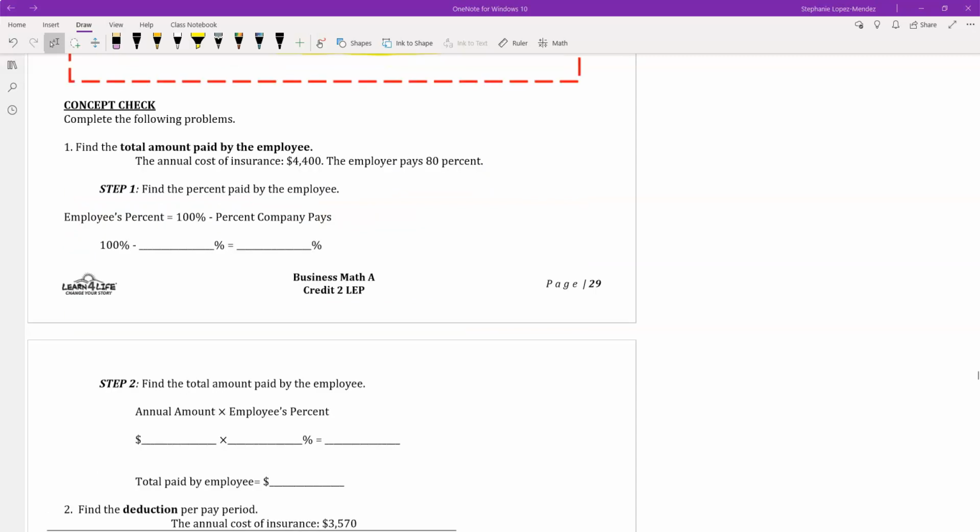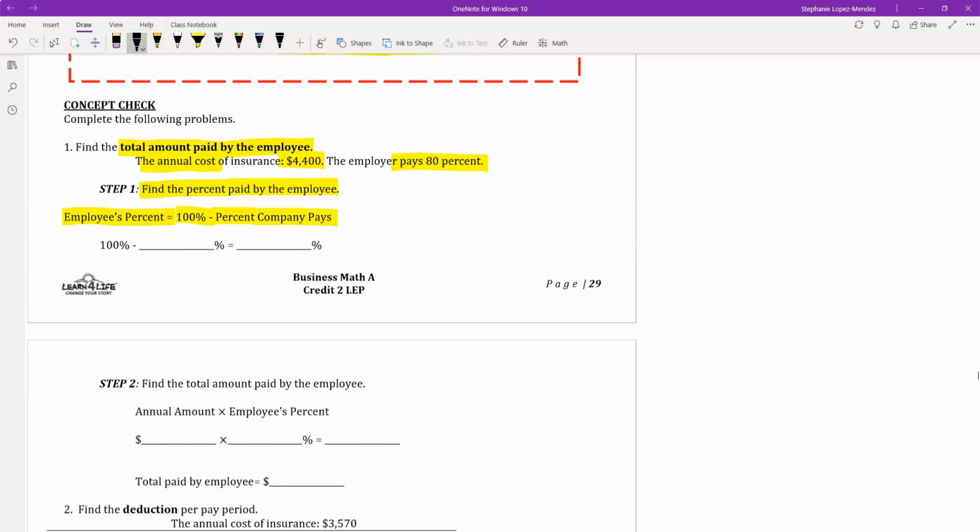Now let's go to our concept check. Problem number 1 says: find the total amount paid by the employee if the annual cost of insurance is $4,400 and the employer pays 80%. Step number 1, find the percent paid by the employee. We are using the formula employee's percent equals 100 minus the percent the company pays.